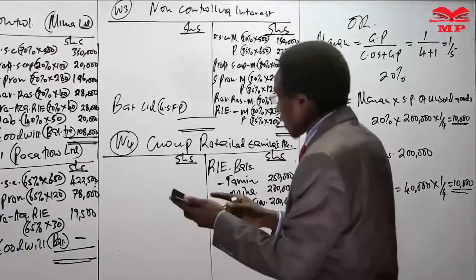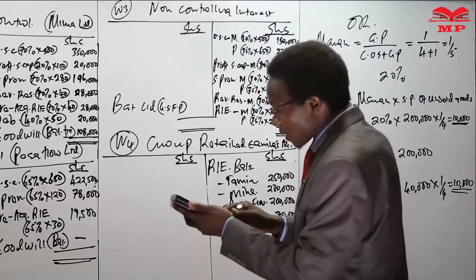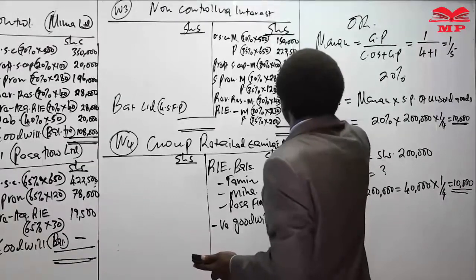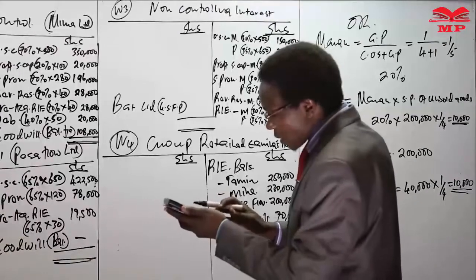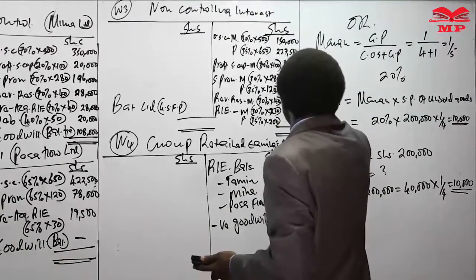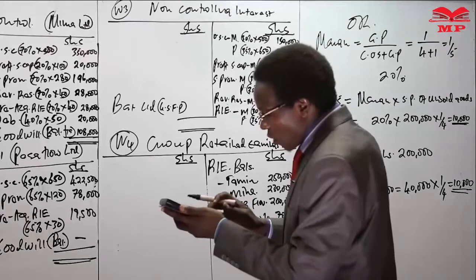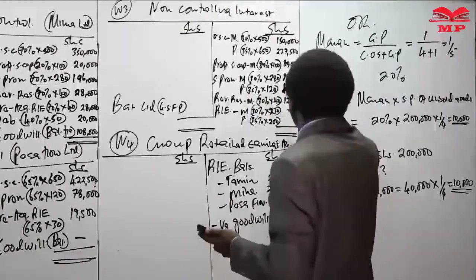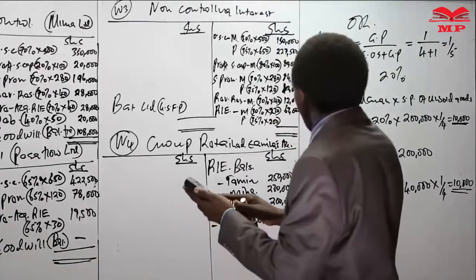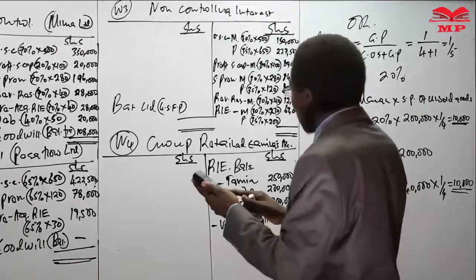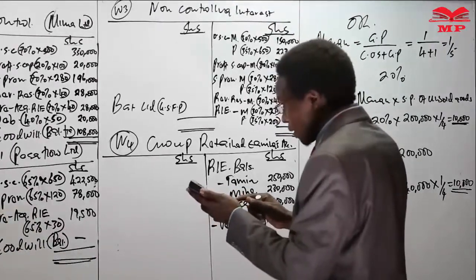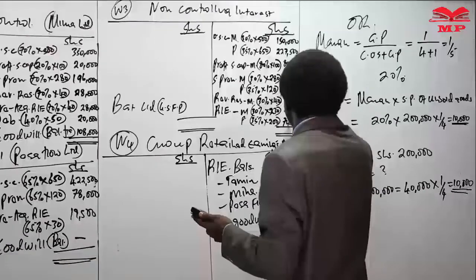Then we have the 5% of 120, that is 42,000. We have the 30% of 40, that is 12,000. Then we have the 30% of 230, that is 69,000. We have the 5% of 200, and that comes to 70,000.